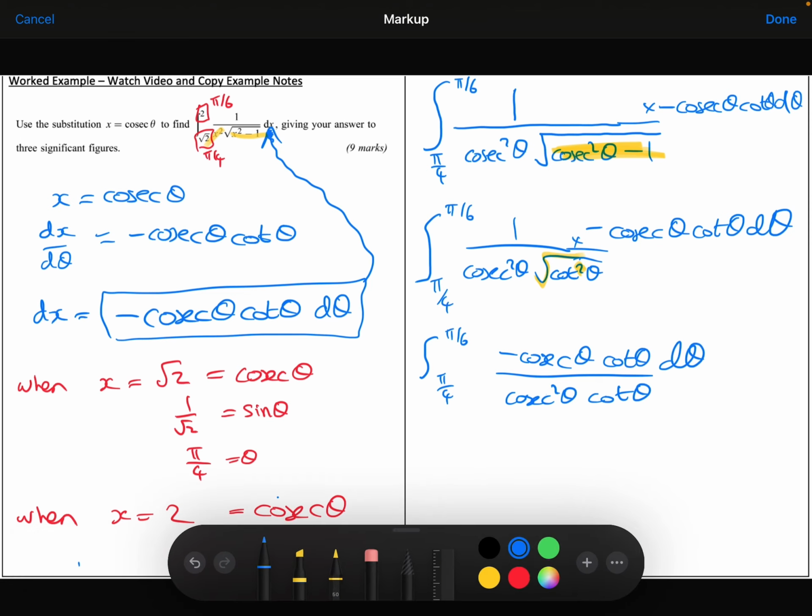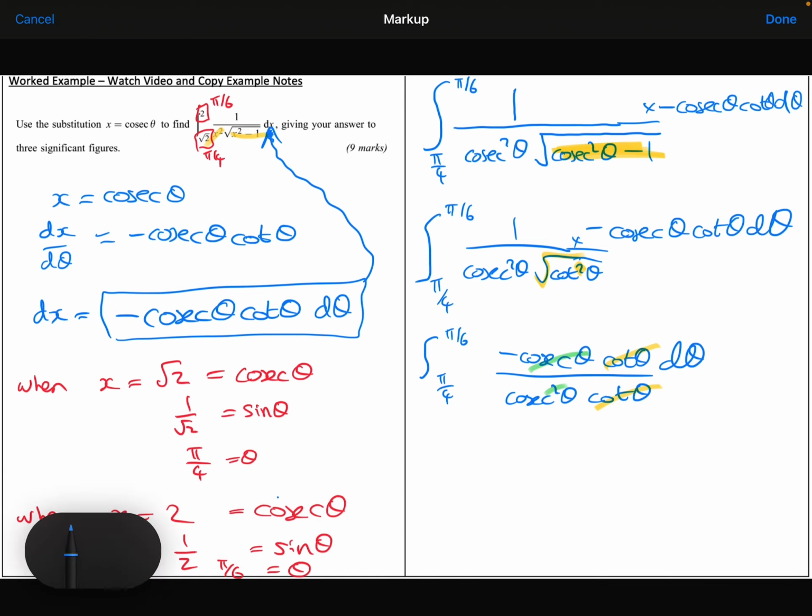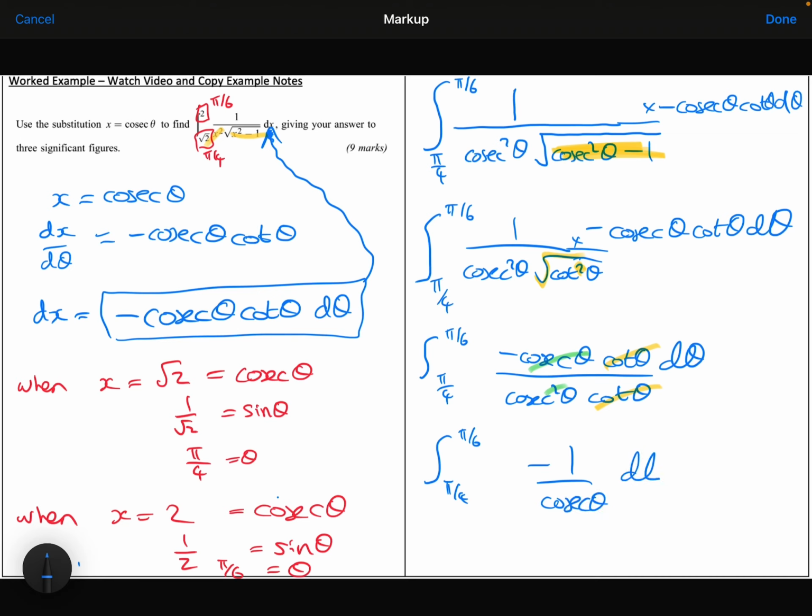Now I notice I've got some simplification that can happen here. The cot theta and the cot theta are going to cancel out. And also the cosec theta and one of those cosec squared thetas is going to cancel out as well. So that's going to leave me with the integral of minus 1 over cosec theta.